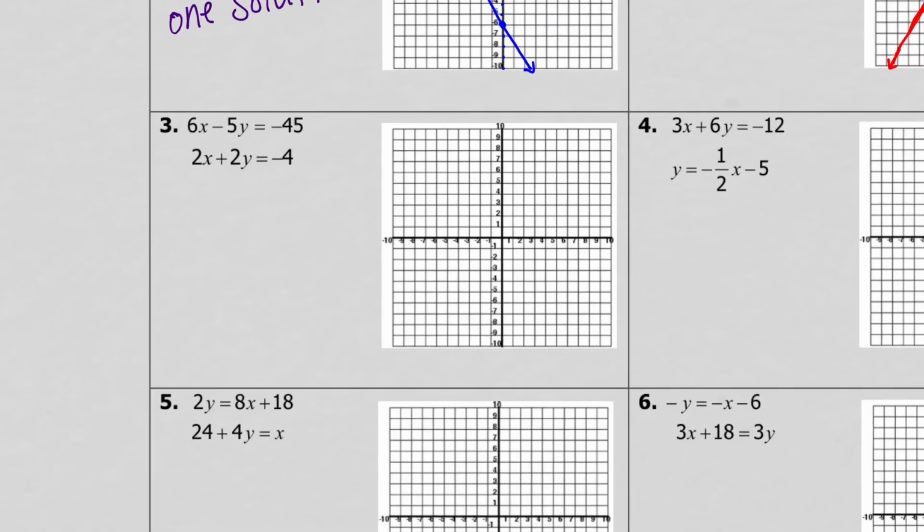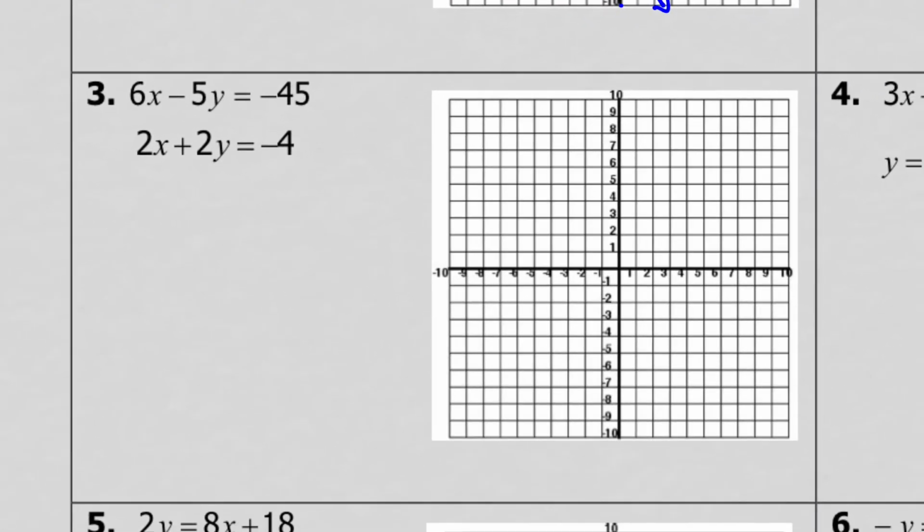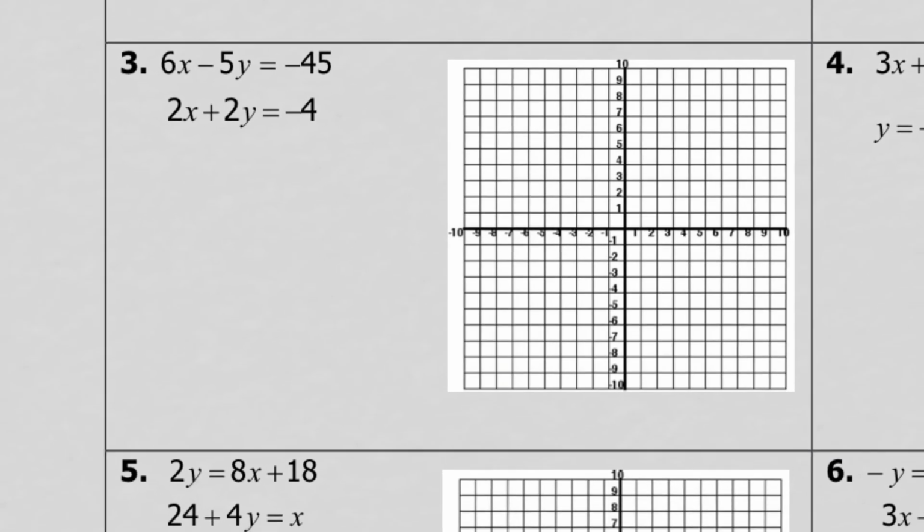Let's do number 3. Okay. I have this one up here is going to be blue. And this one's going to be red. Are either of these equations in slope-intercept form? No. So let's start with the blue one.